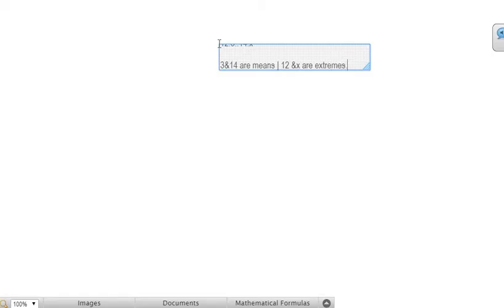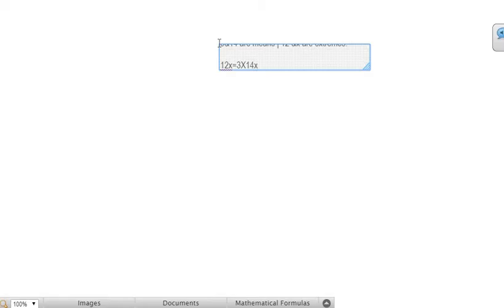Now, to find the actual x, we need to use that proportion formula. Product of extremes is equal to product of means. Now in this case it will be 12x is equal to 3 into 14.